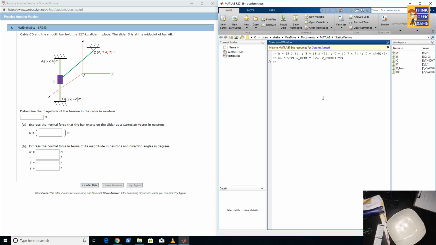And dB equals to D minus D. Alright, so these are the directions.